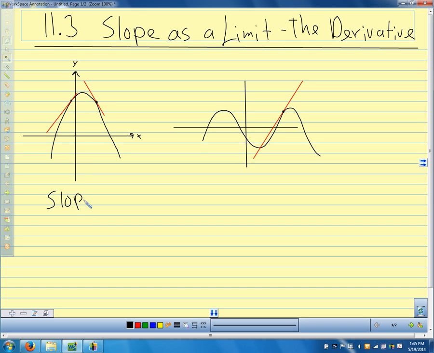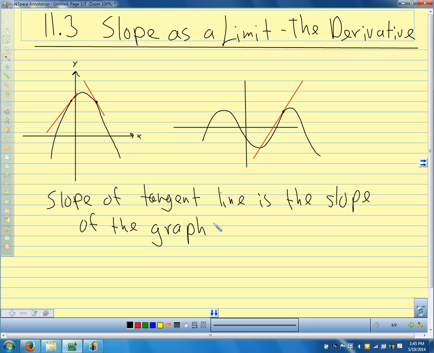So the slope of the tangent line is the slope of the graph at the tangent point. So we're interested in the slope just at this one particular point. And that's going to tell us how that function is changing at that one particular point.